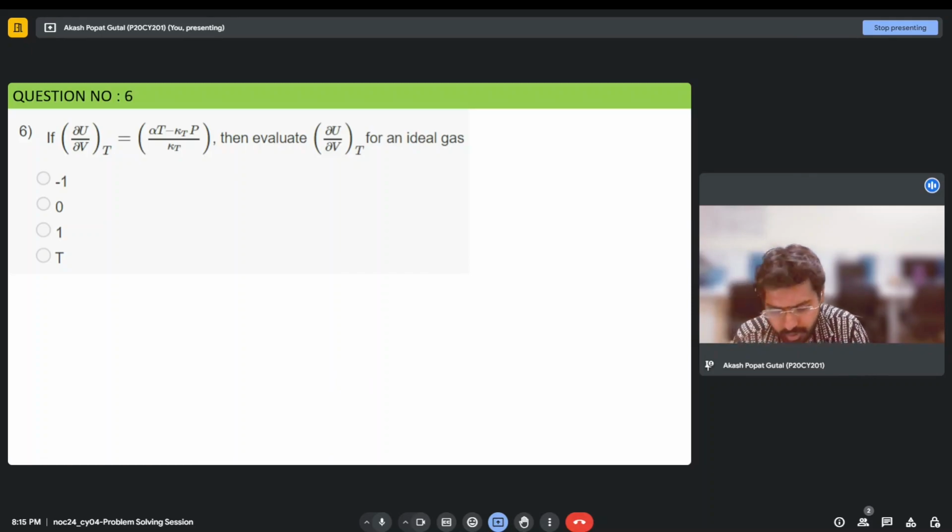We know the obvious answer is zero. The internal pressure for an ideal gas is zero.